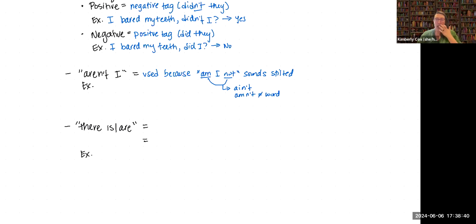It doesn't work. So as you saw above, if I were to say I bear or I am bearing my teeth, right, I would have to use aren't I to create that tag, even though I wouldn't say I are bearing, right, my teeth.